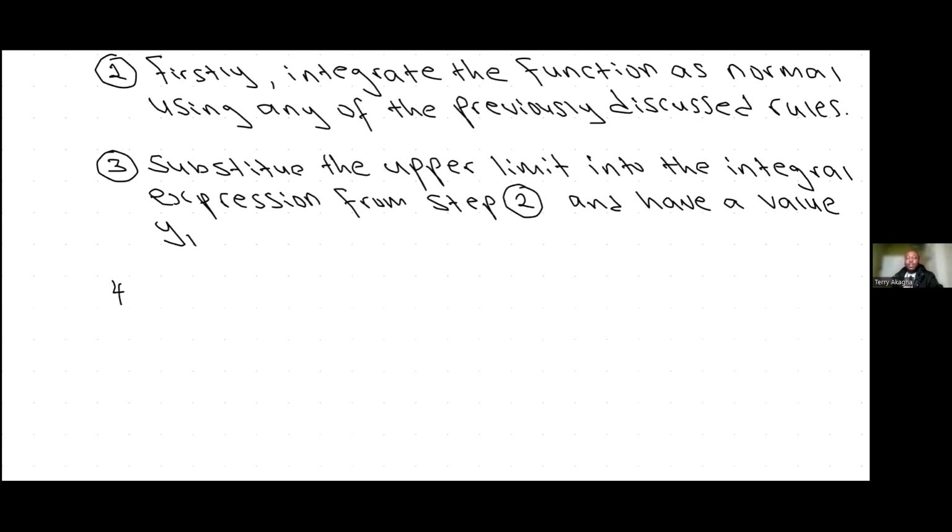So that I can differentiate step 3 from step 4. And after you substituted the upper limit, then you do exactly the same thing and you substitute the lower limit. And this time you will call it y2.